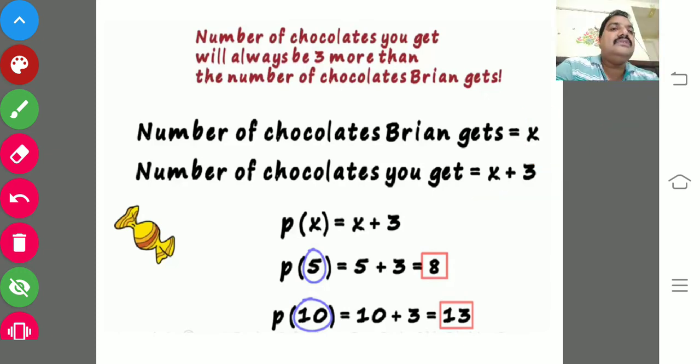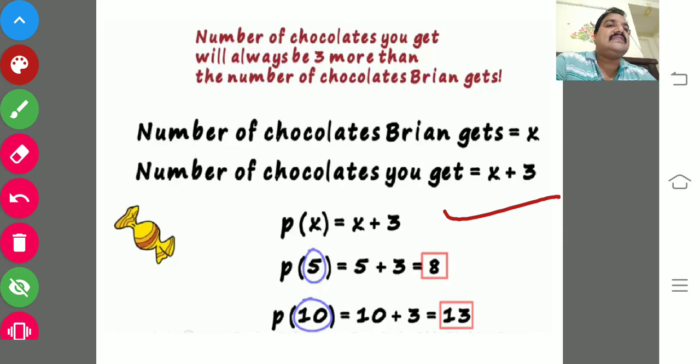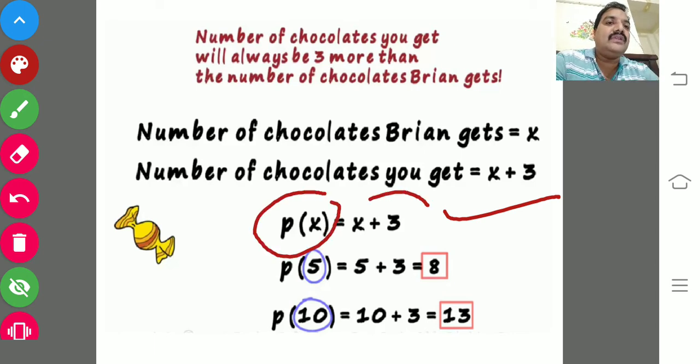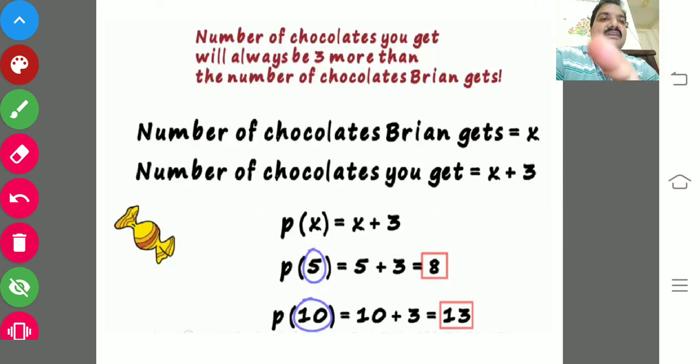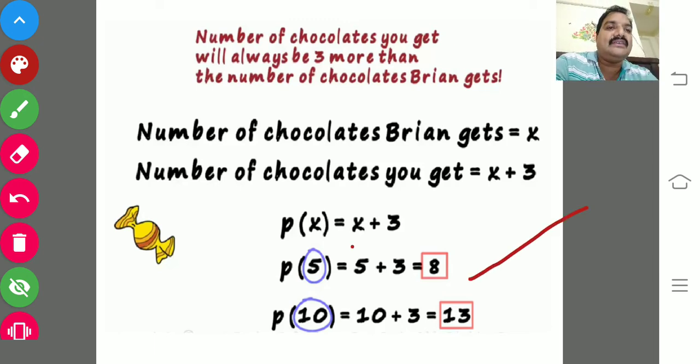So how will you solve this equation? Let it be. This statement we can write as p of x equal to x plus 3, because according to the statement, however many Brian has, automatically you will get 3 more. So x plus 3. Here are some examples. Suppose Brian has 5 chocolates, automatically 5 plus 3, 8 chocolates you will get.